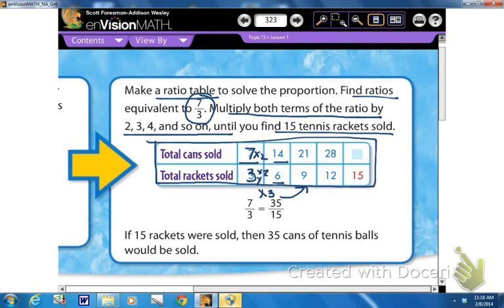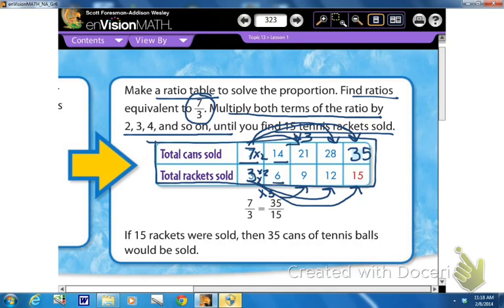So multiply 7 times 3 to get 21, and so on. So multiply 3 by 4 to get 12, 7 by 4 to get 28, 3 by 5 to get 15, so 7 by 5 will get you 35.